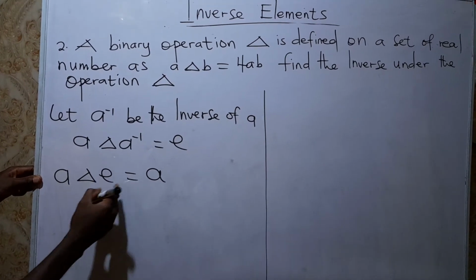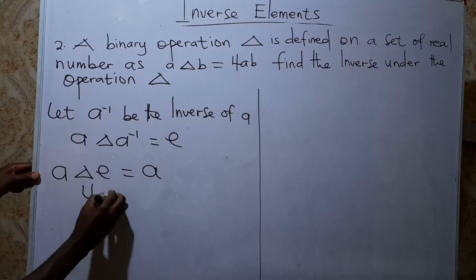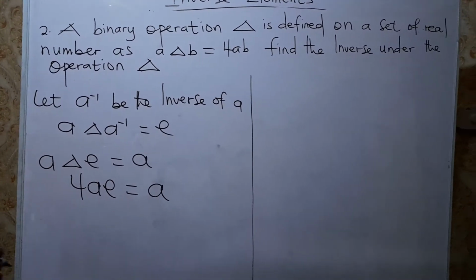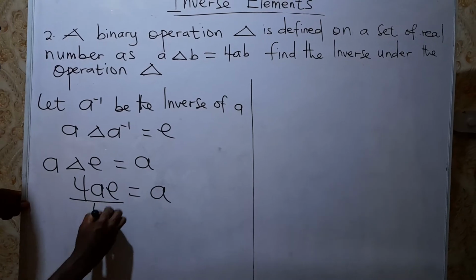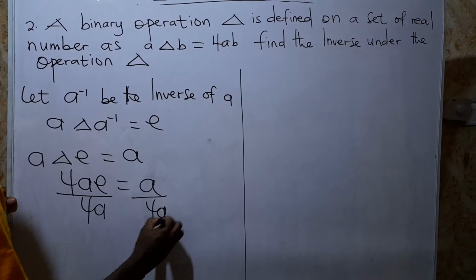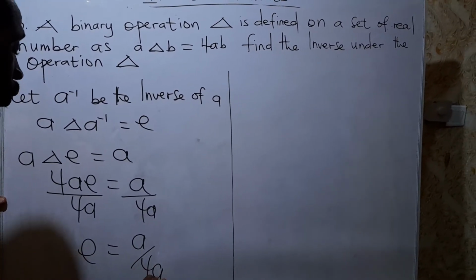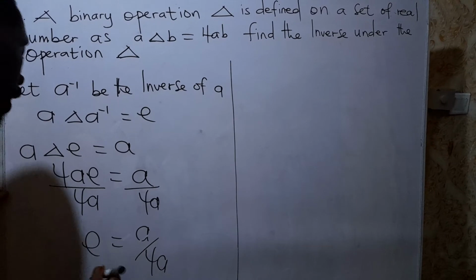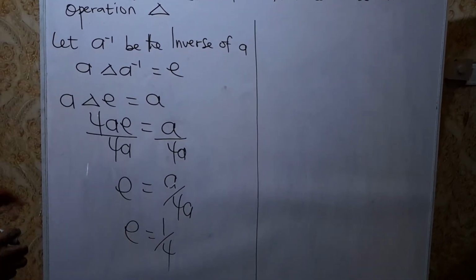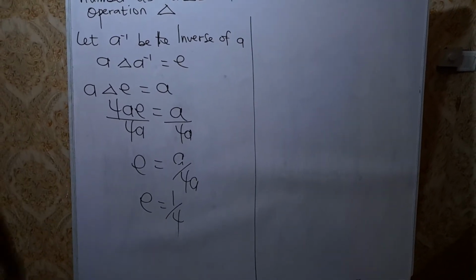So A delta E will just be 4AE equal to A. We divide both sides by 4A to find E. So our E will be A over 4A. A can divide this A, and we'll have E to be 1/4. So the identity element under the operation delta is 1/4.